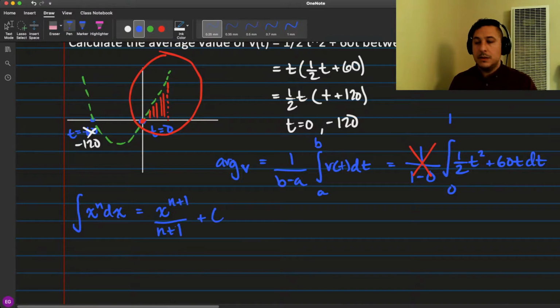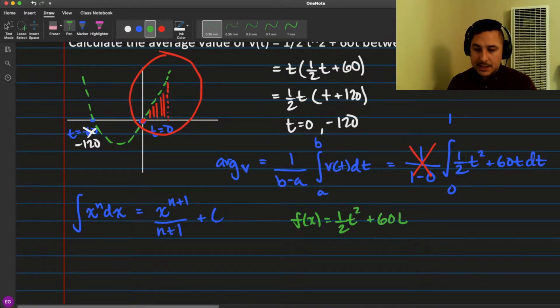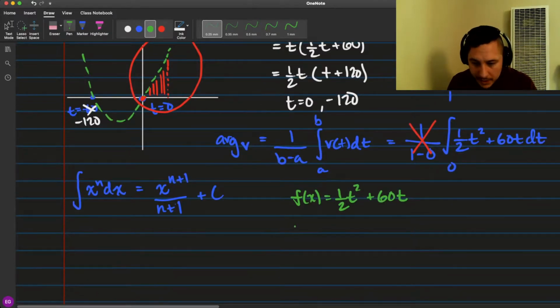Okay, so if our f of x equals 1/2 t squared plus 60t, what will our antiderivative be?